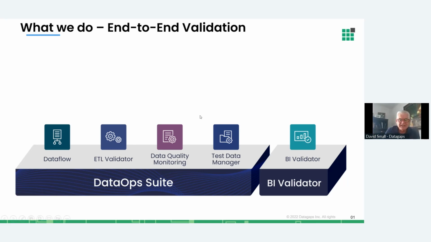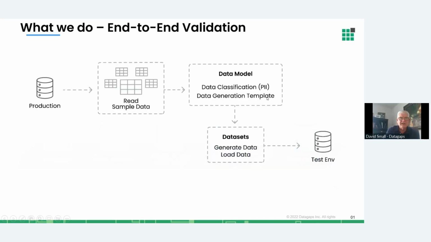Today we'll be talking about Test Data Manager. What Test Data Manager does is it provides you with the ability to take samples of production data. We read the sample of the production data, and we actually create synthetic test data based upon the samples that we read. So we actually replace personal identification information.